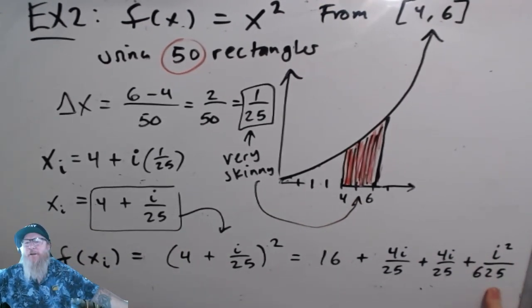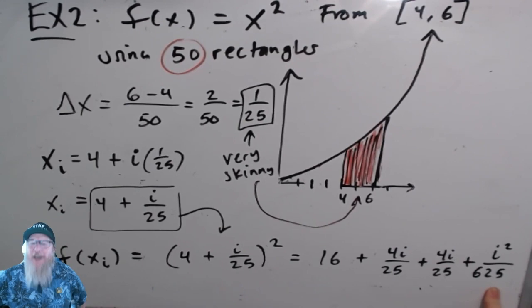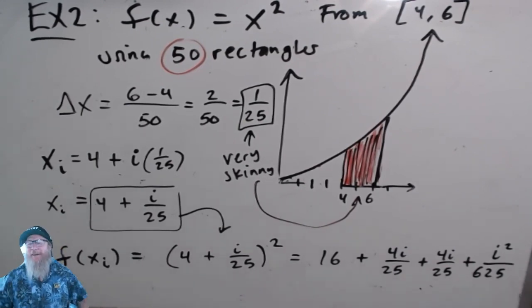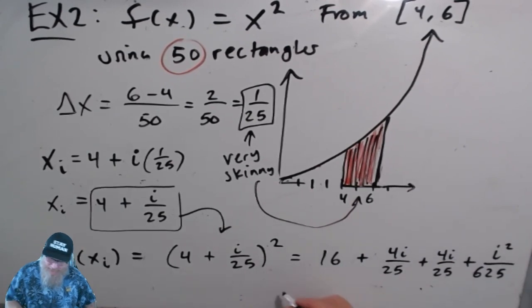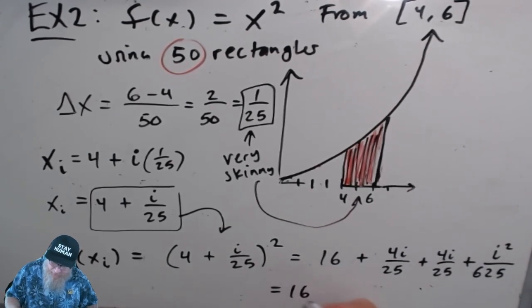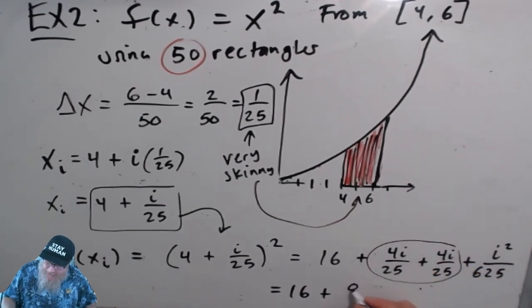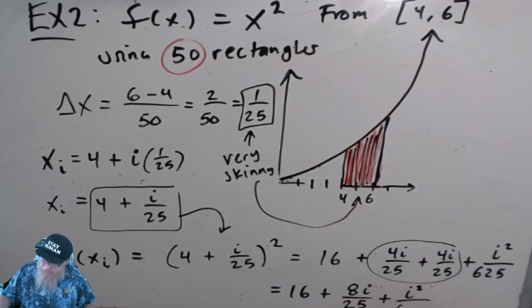That's like an unresolved childhood issue of mine. I know it's 625, but I do it on the calculator every time, even though I know I'm right. I don't know what it is. I'm afraid to be wrong. All right, and then you can combine these guys, so you get 8i over 25 plus i squared over 625.